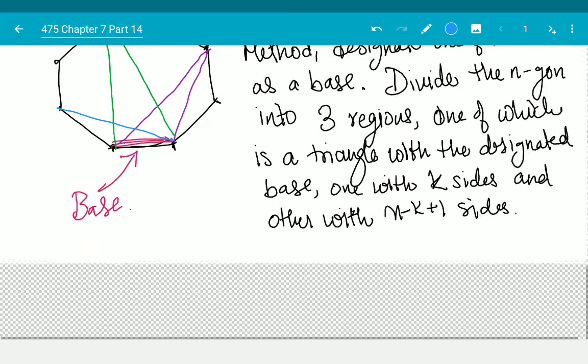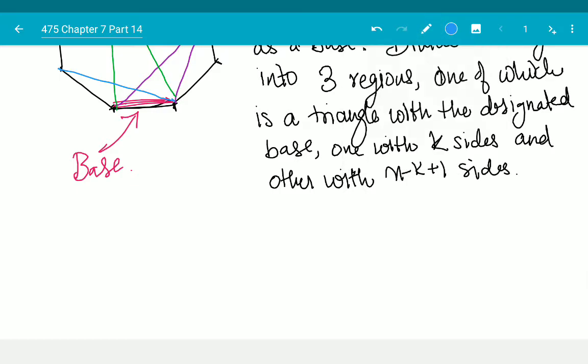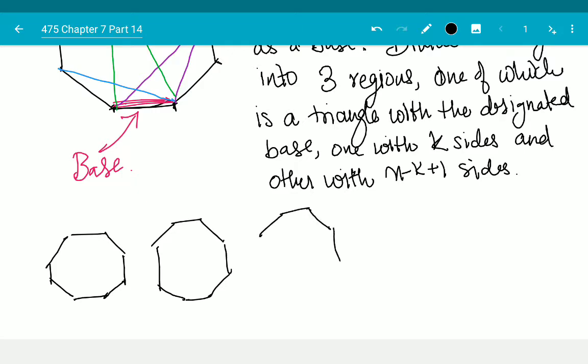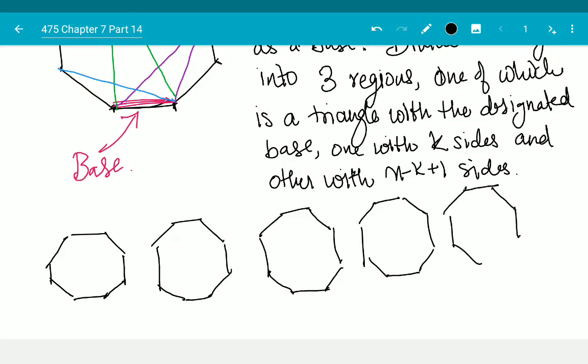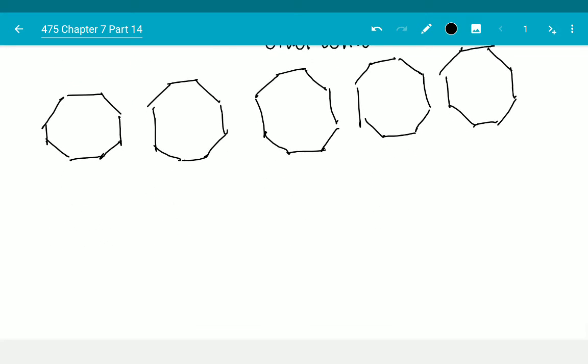How many ways do I have of dividing it? So in the case of an 8-gon, here's what is going to happen. So let me draw 8-gons.